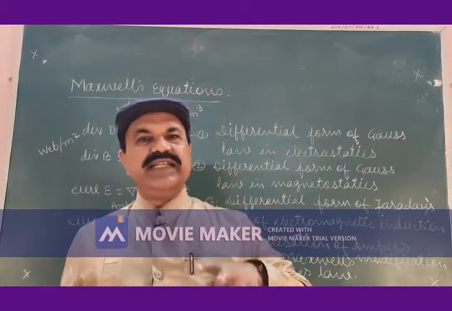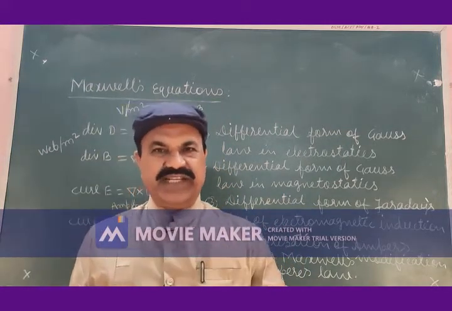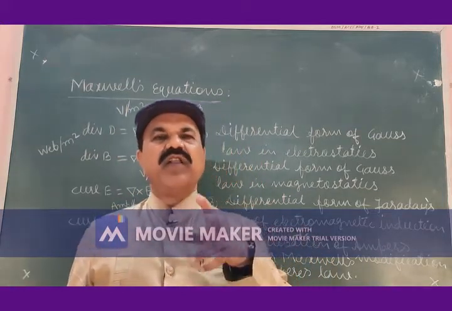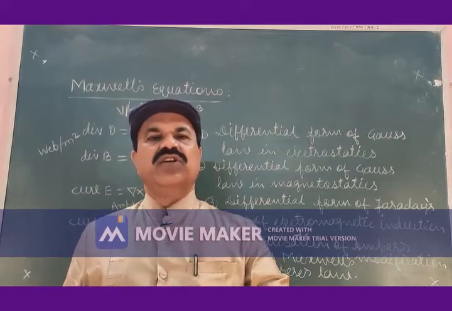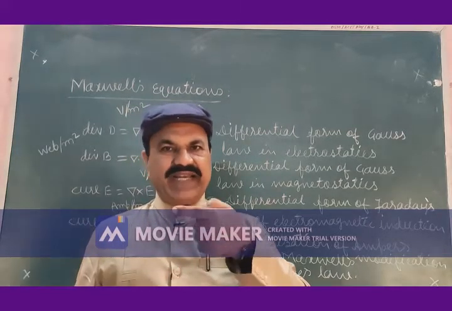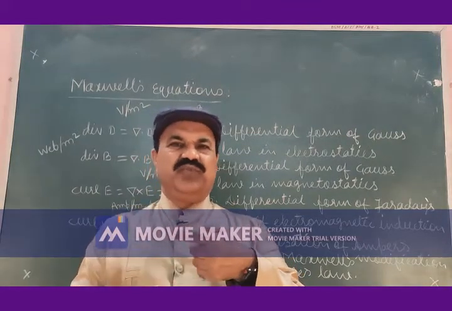This second Maxwell's equation is generally used to describe that two isolated magnetic poles are never possible in our physical world. Whenever we consider a magnet, it has two poles, north pole and south pole.